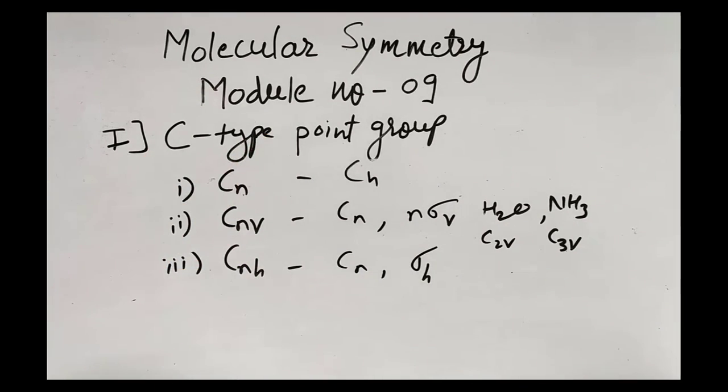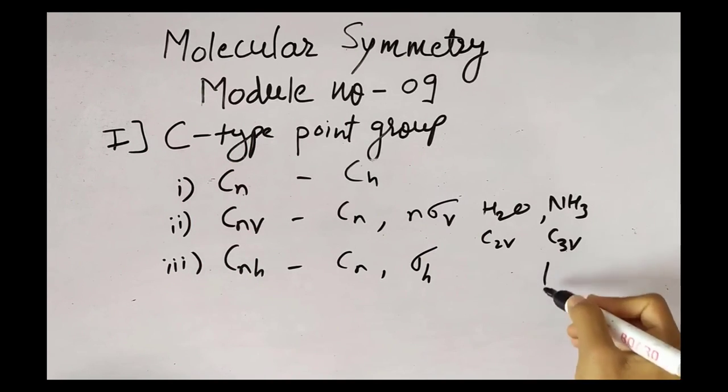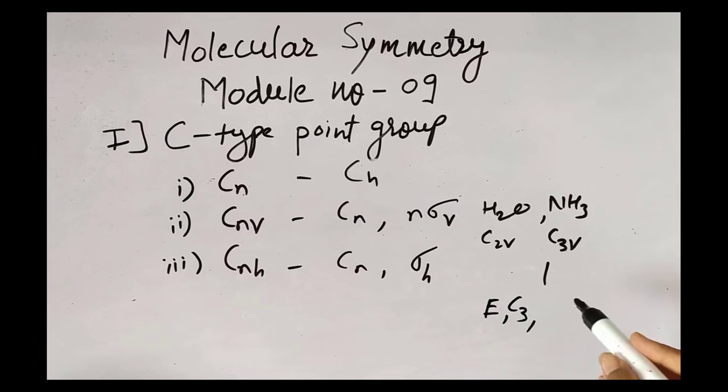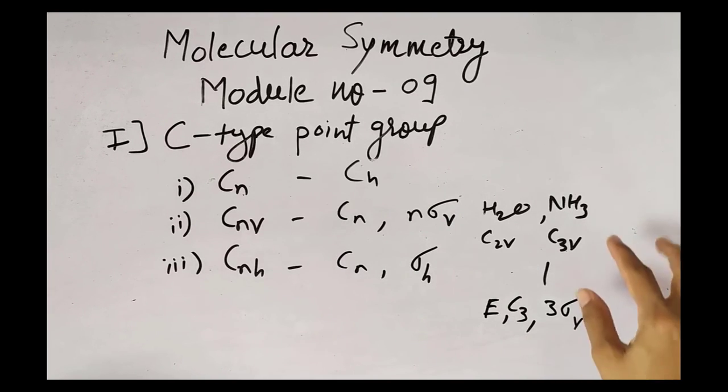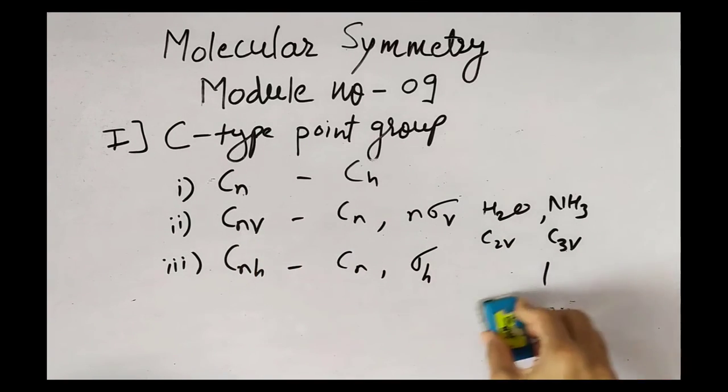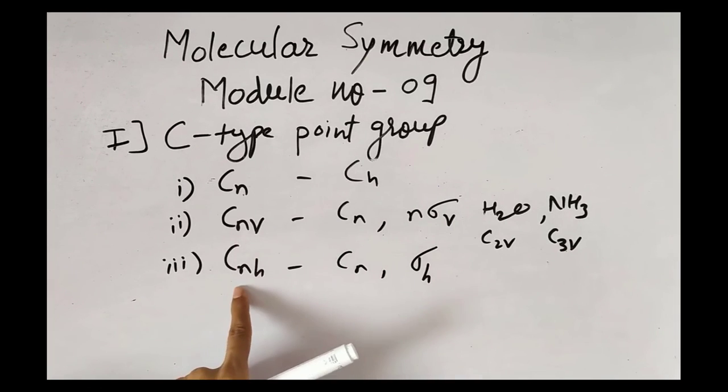And what will be the symmetry elements present in ammonia? You will get identity, 1 C3 axis, and 3 vertical planes. Okay, so try to find out how these 3 vertical planes are present in ammonia. So this is the definition for Cnv, and last is Cnh.